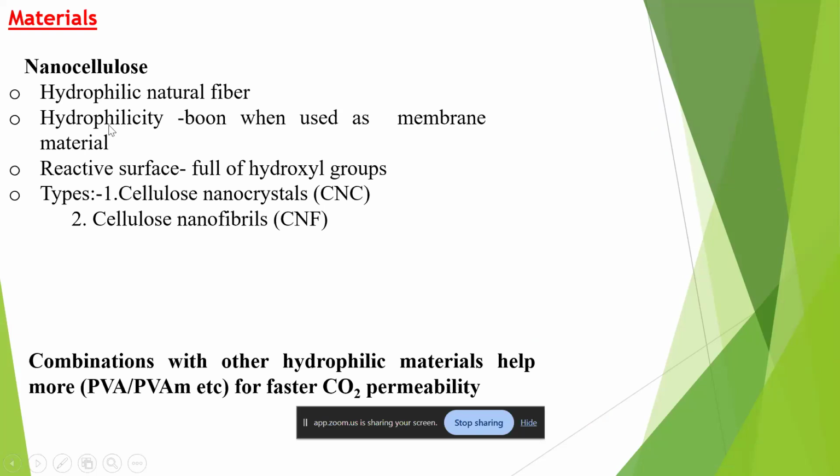Another good thing about nanocellulose is that the reactive surface is full of hydroxyl groups, and hydroxyl groups means more affinity towards water, and that will help in absorbing more water, which will directly help in the CO2 transport. So these are the materials, CNC, CNF.